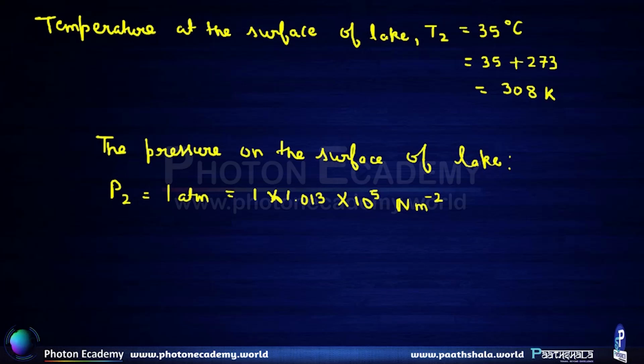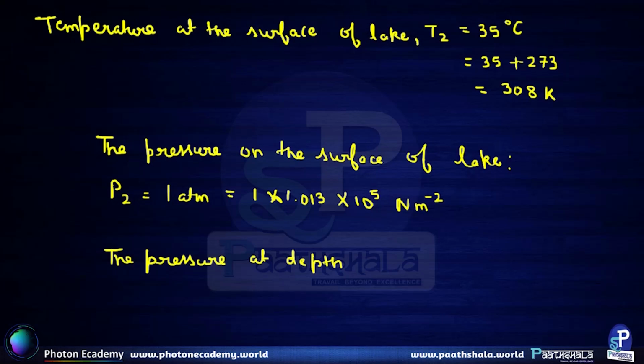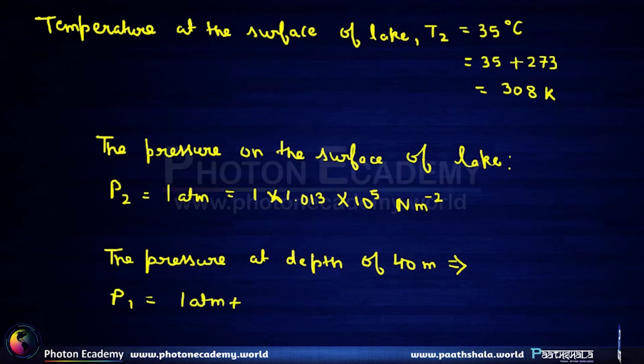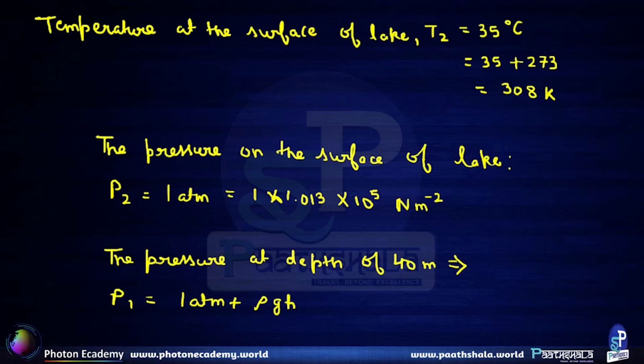The pressure at a depth of 40 meters from the surface of the lake, we denote it by P1, will be equal to 1 atm plus rho g h. Here rho is the density of water, g is the acceleration due to gravity, and h is the height, or you can take it as depth, equal to 40 meters.